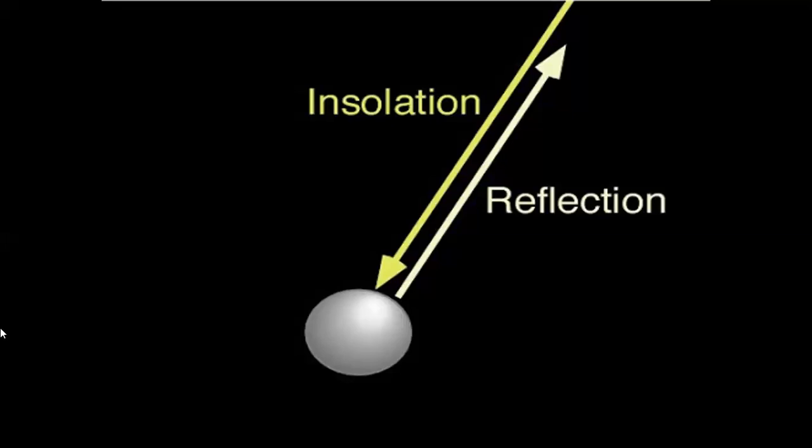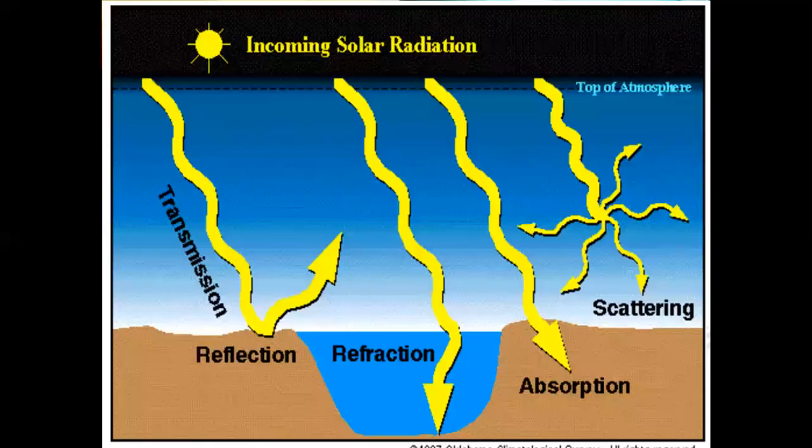The albedo of fresh snow is 80 to 85%, old snow 50 to 60%, sand 20 to 30%, grass 20 to 25%, dry air 15 to 20%, wet air 10%.